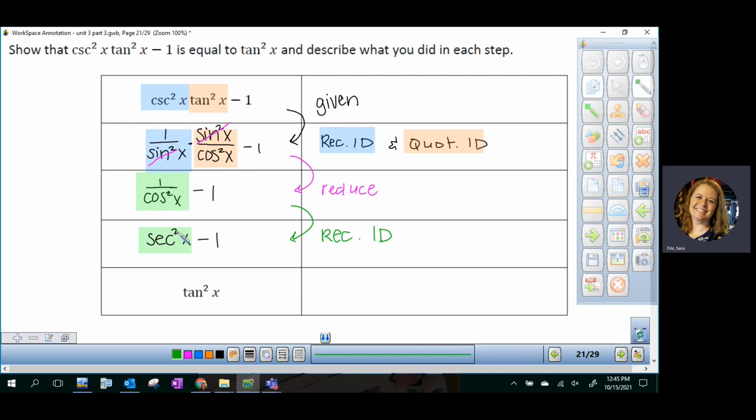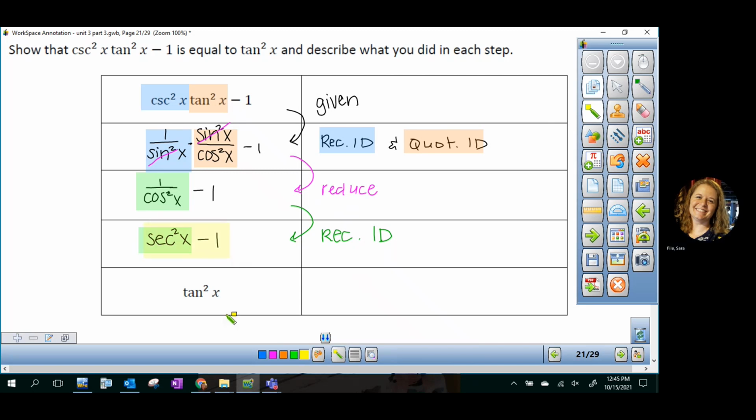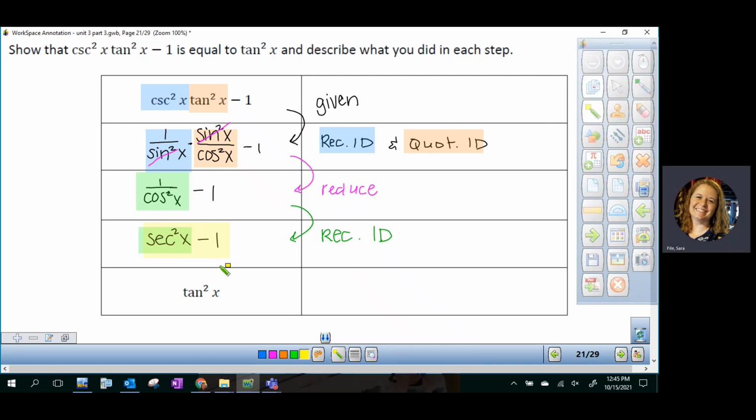Now let's check again. I've got my function squared minus 1. Check those Pythagorean identities again. See if that shows up on any of them. Secant squared minus 1. It's a Pythagorean identity. It's equivalent to tangent squared. Those of you, let me see.